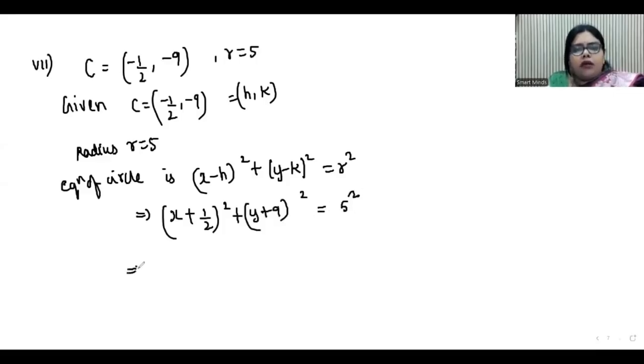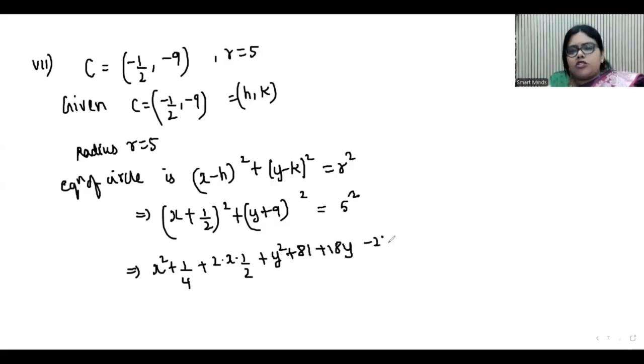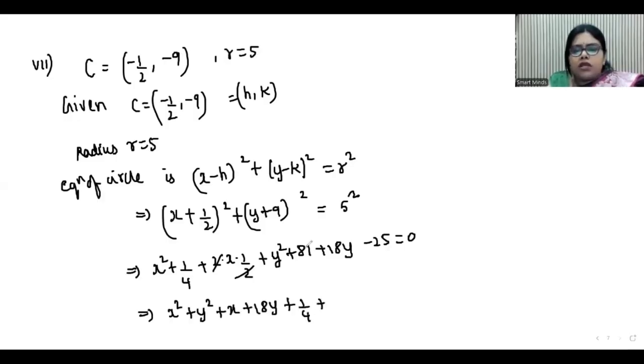Now this is x square plus 1 by 4 plus 2ab. So 2 into x into 1 by 2, plus y square plus 81 plus 18y minus 25 is 0. 2 to cancel. So you will get x square plus y square plus x plus 18y plus 1 by 4 plus what is 81 minus 25? 56.